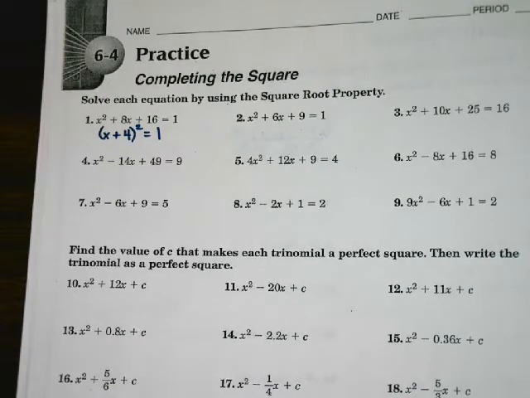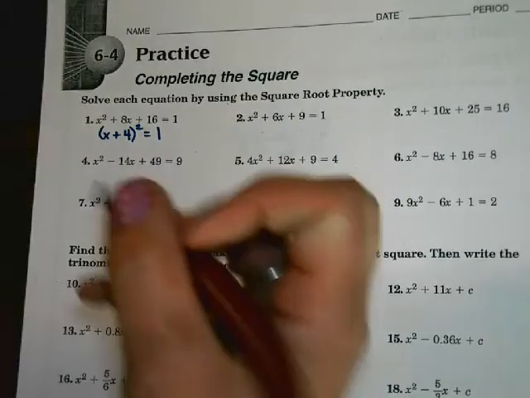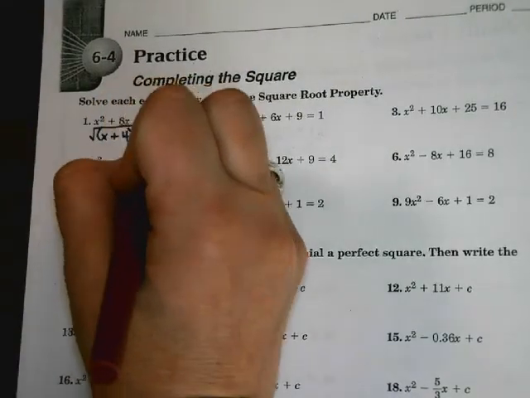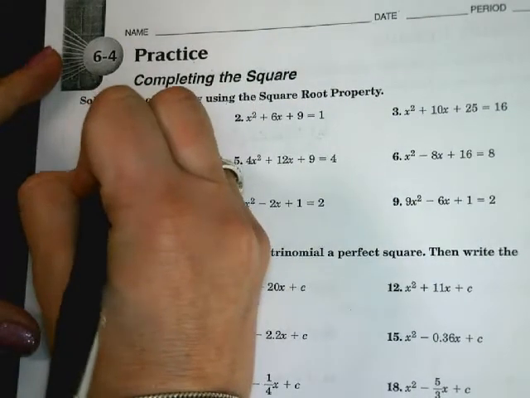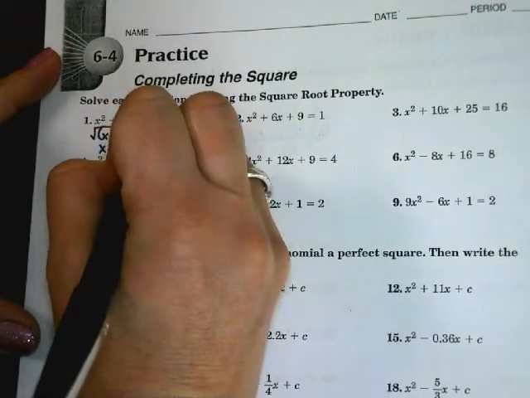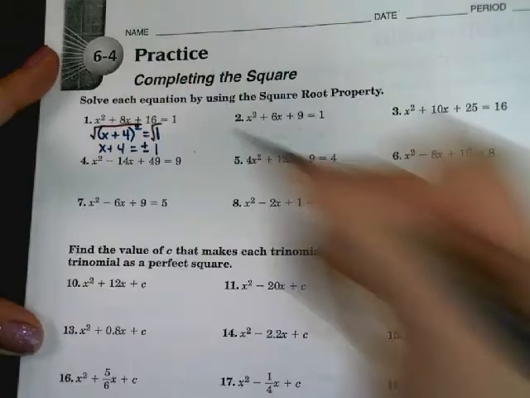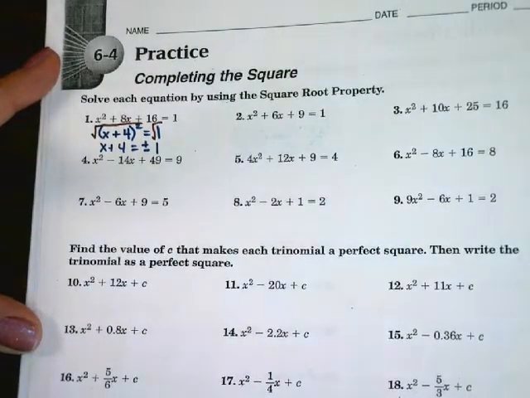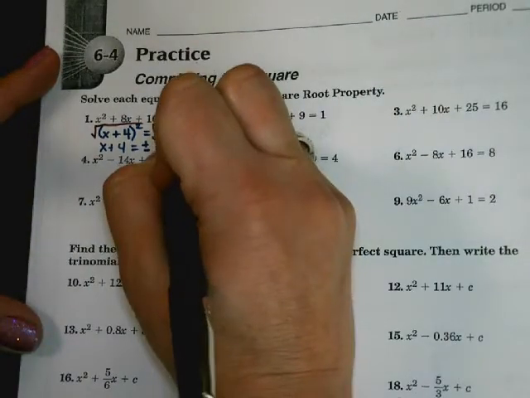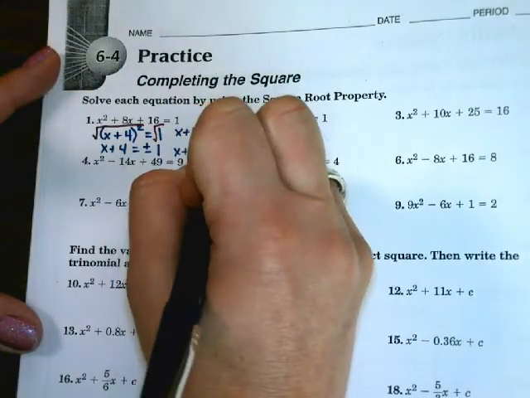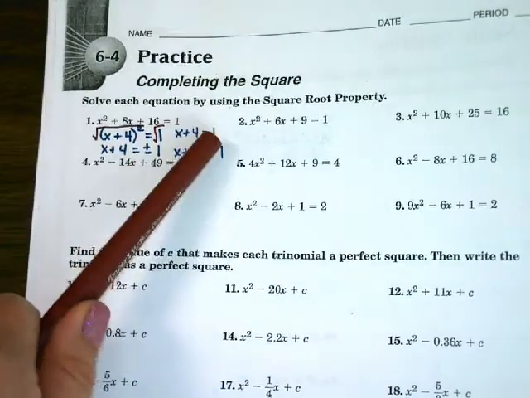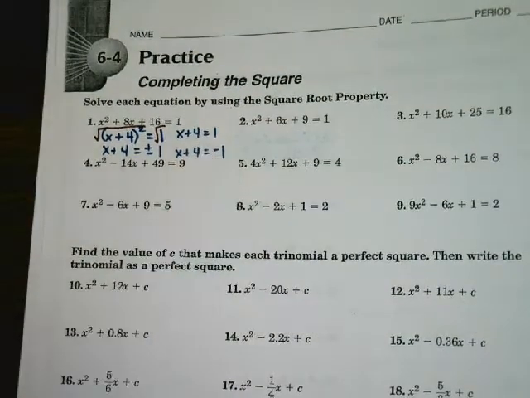Okay, I'm going to undo the square by taking the square root. So I get x plus 4 equals plus or minus the square root of 1 is 1. So x plus 4 equals a positive 1, or x plus 4 equals a negative 1.